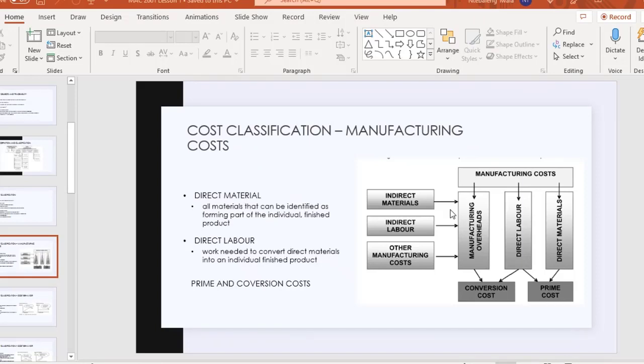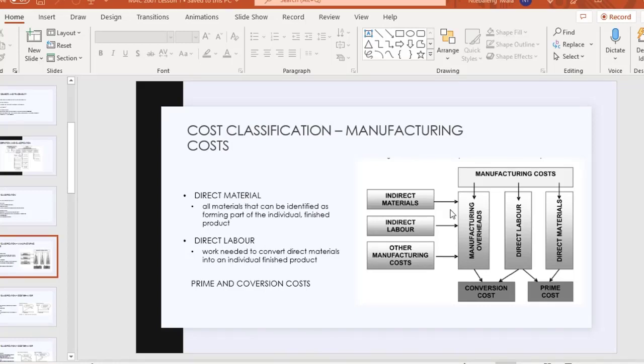It's a variable cost, because a variable cost changes according to the number of products that you produce. So in simple terms, the more tables that you produce, the more raw material you need. All right, so those are variable costs.